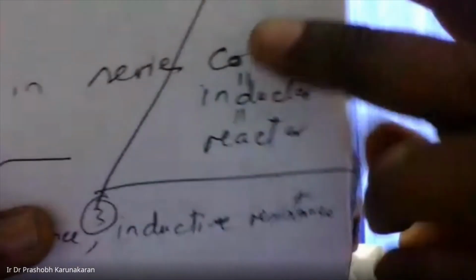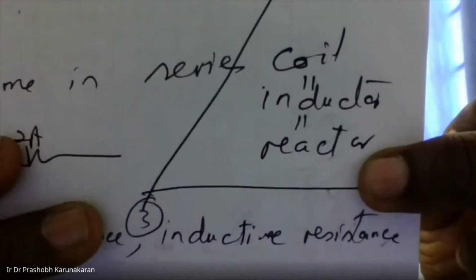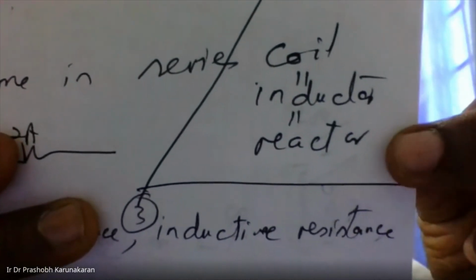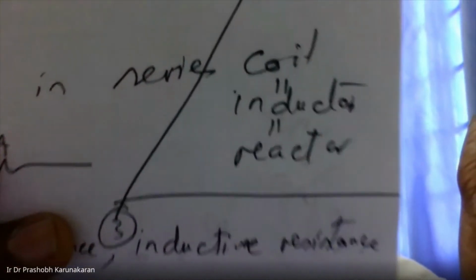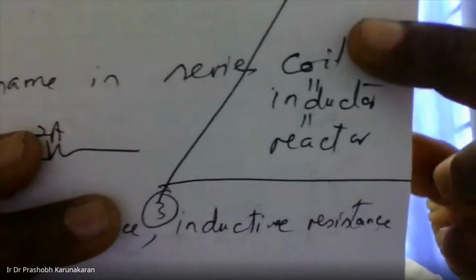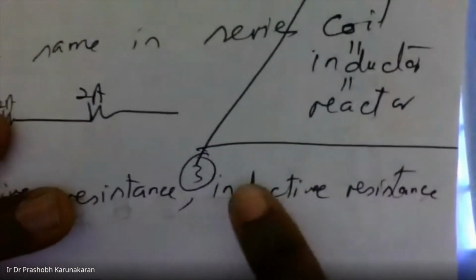A coil is also an inductor. They also call it a reactor. So most of the work for humanity is using coils. So a coil is an inductor.